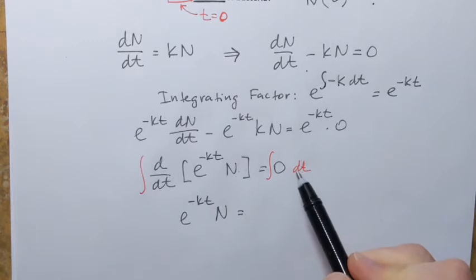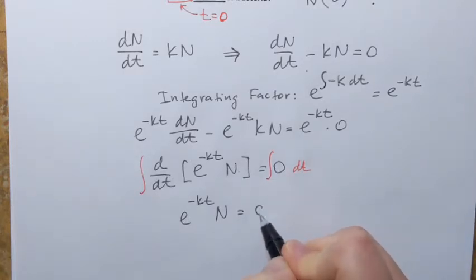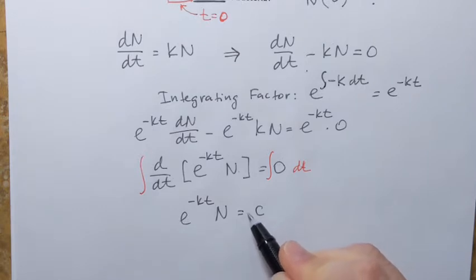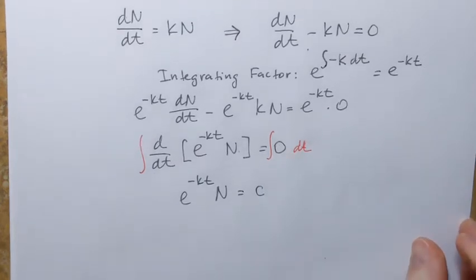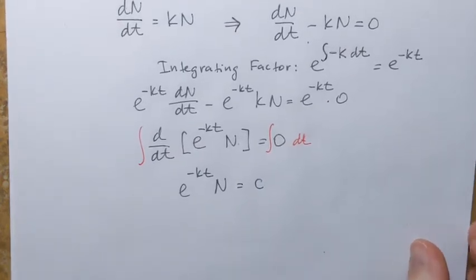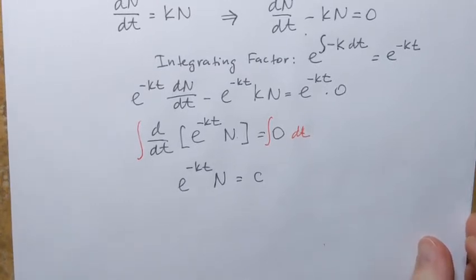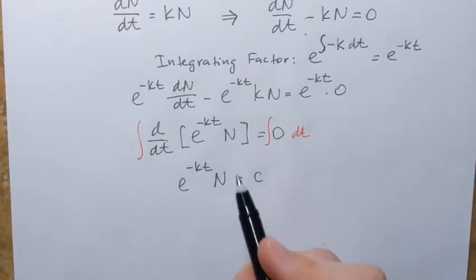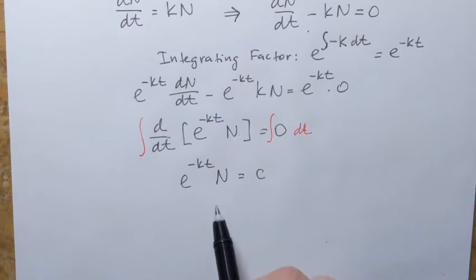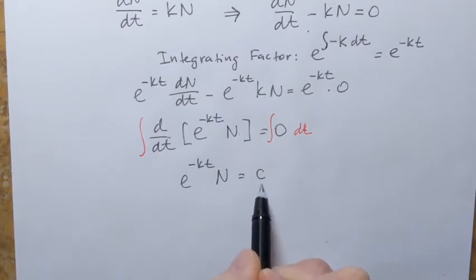And on the right-hand side, the antiderivative of 0, well, it's going to be constant. You can always check by taking derivative of the constant. Derivative of the constant is 0, so that works. That looks good. And now finally, what are we doing this for? We're doing this to find function n. And, well, here it is. It's actually a family of functions, because of that arbitrary constant.